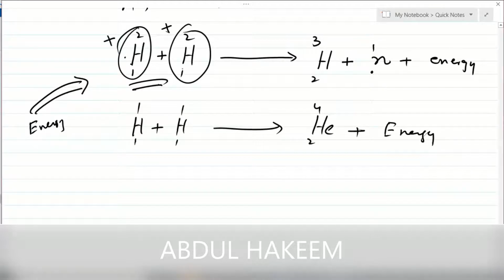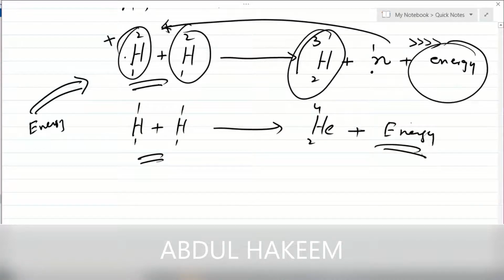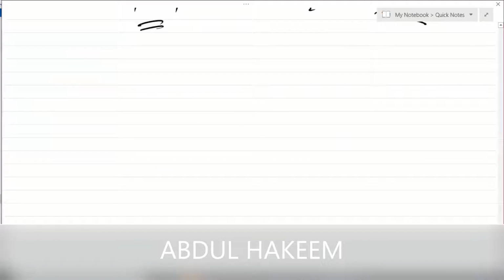Then they will collide with each other and they will form a heavy nucleus along with the release of energy. So this energy is too large as compared to the supplied energy. And similarly here, we have to supply first energy and this energy is released. So this energy is greater than the supplied energy. To overcome the repulsion, first we have to supply some energy. So naturally, it's not possible.